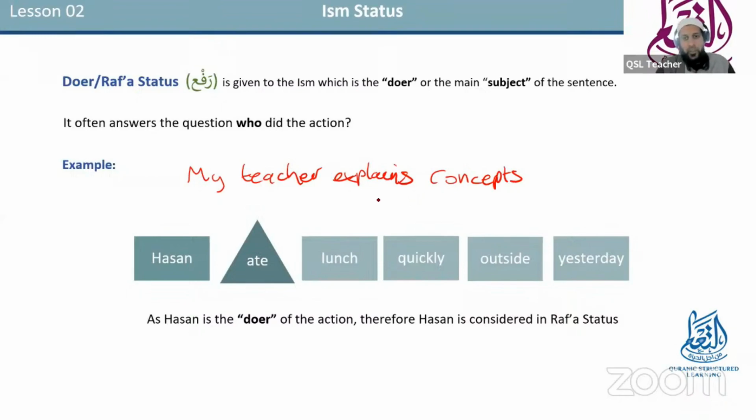First question, what's the action in the sentence? The action word. Explains, yeah? That's the fi'l. So therefore, who's doing the explaining? Teacher. So therefore, teacher is rafa'. So that should be simple enough. Let's do one more, just so that it hits home.